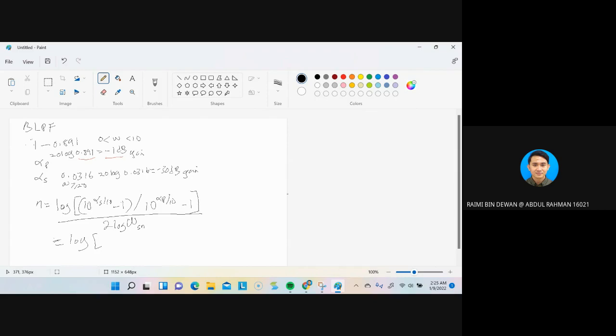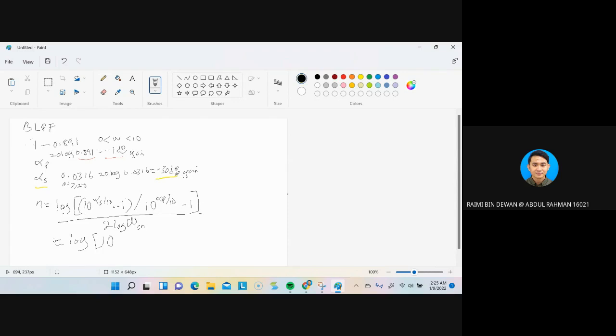Okay, so now 10 here, then this is your alpha S. Alpha S here, if you can see. So what is the dB? It is 30 dB.